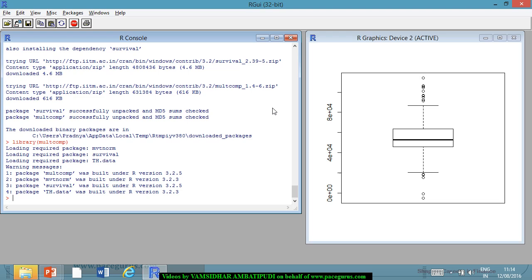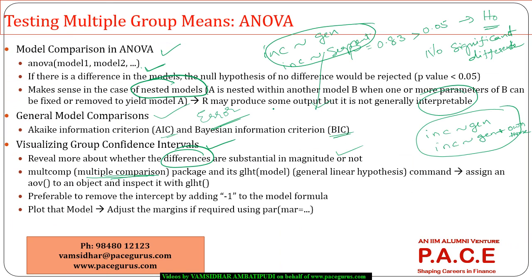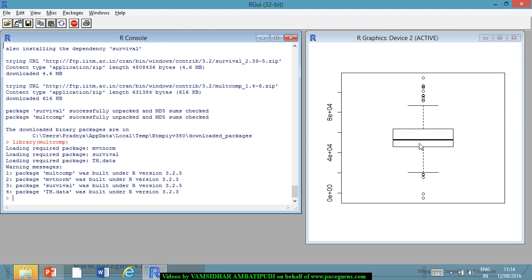Now what this package does is, I'll first compute. Let's look at this. The multcomp package has a function called glht, General Linear Hypothesis. I have to give an AOV object. I'll compute an AOV and inspect it with glht. So let me say we already have an AOV object. Let me bring that.